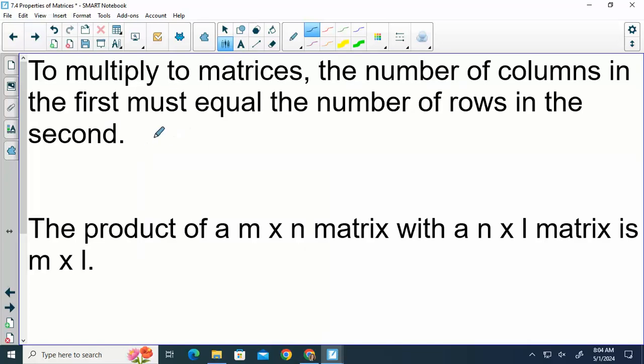So this is pretty important. We can only multiply if the number of columns in the first one is equal to the number of rows in the second. Unlike other multiplication, order matters with these.